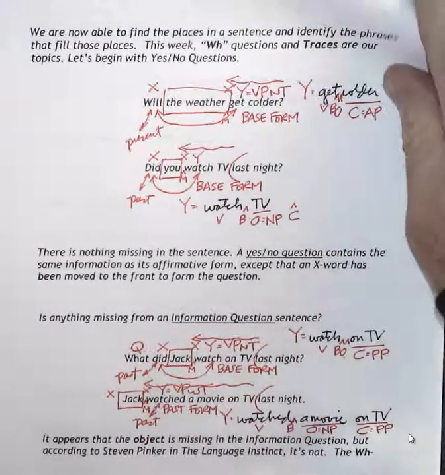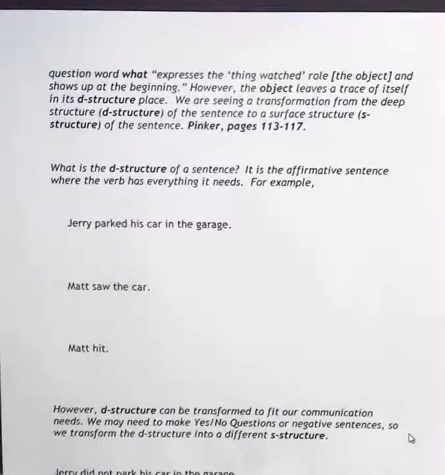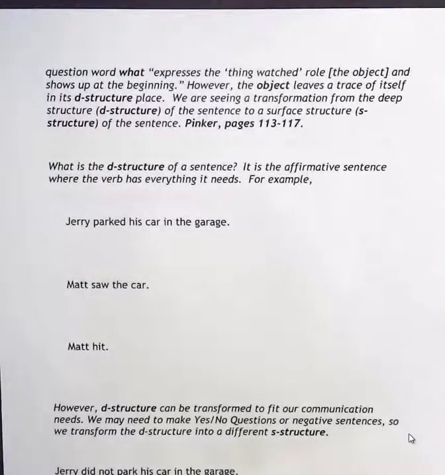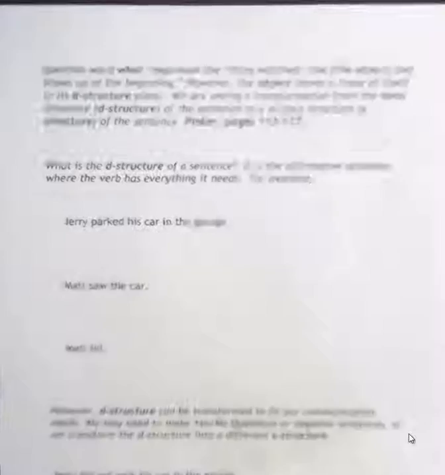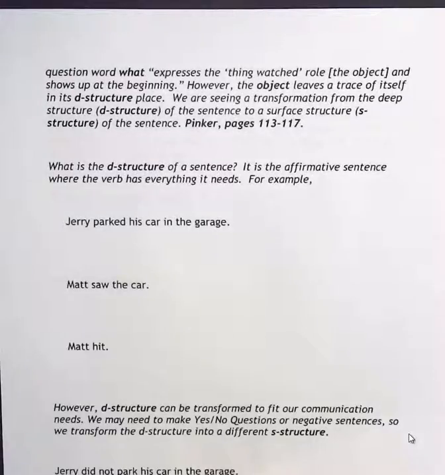Let me move here. The question word what expresses the thing watched, role, or the object. And it comes at the beginning. So the object, however, leaves a trace of itself in the D place, the D structure place. And I think we need to explain a little bit what we mean about that.